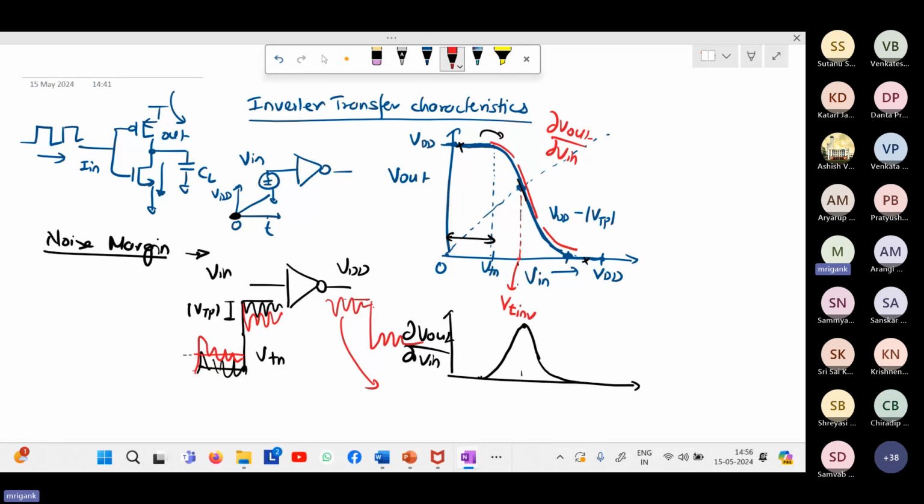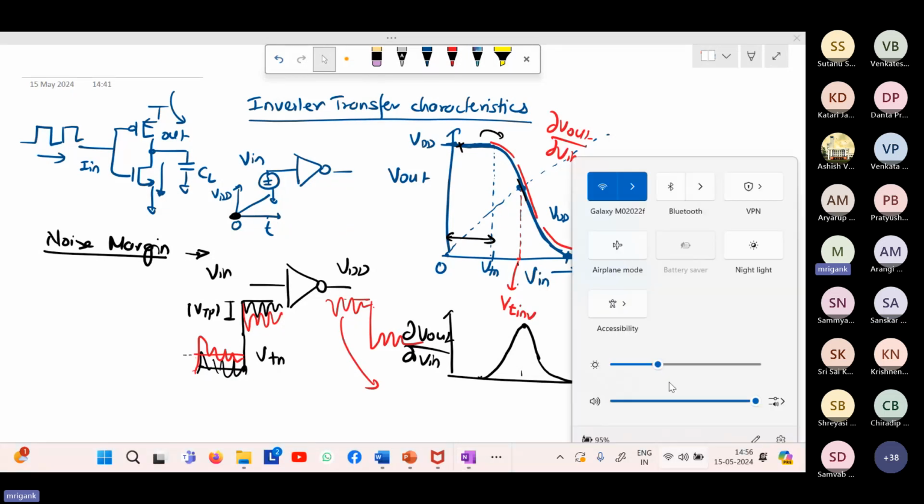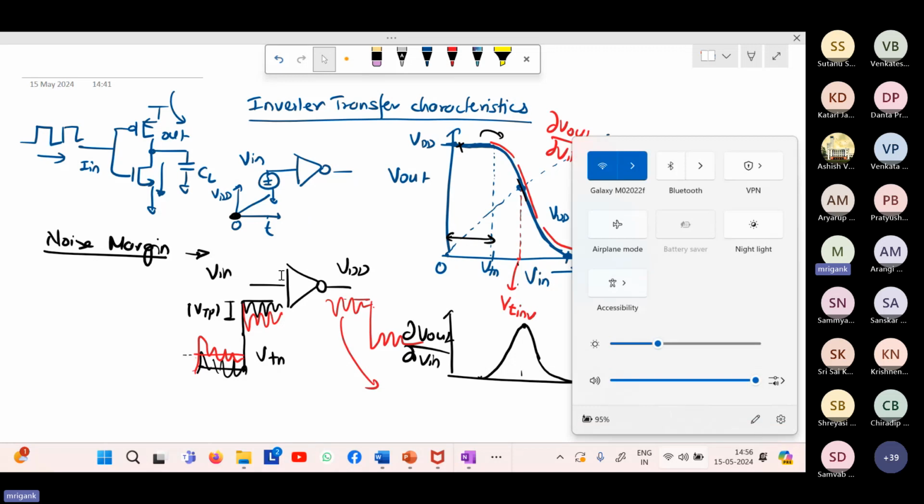So in an advanced node, suppose we are talking about 65 nanometer MOSFET. All of you are using which MOSFET model, 65 or 180 in the LTspice simulation? 45. So it had 180 and then it had 45. 65. Somehow, I think your volume is not very high. So you are using 65. Somebody said 65. I also heard 180.